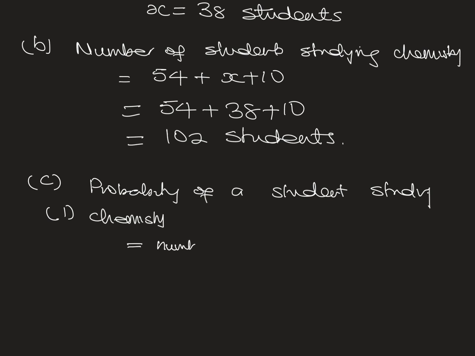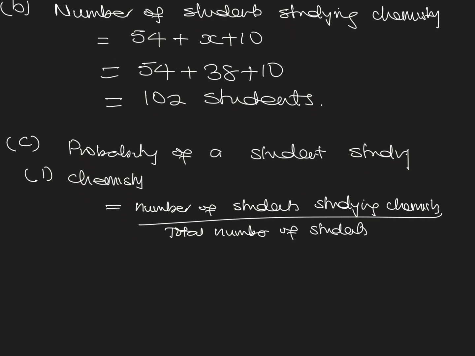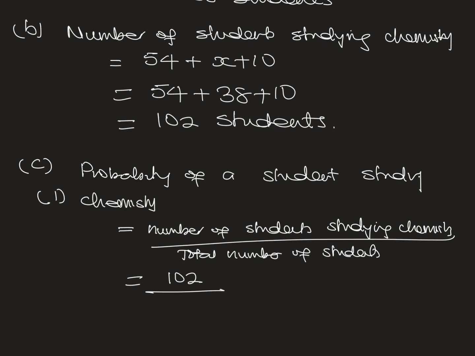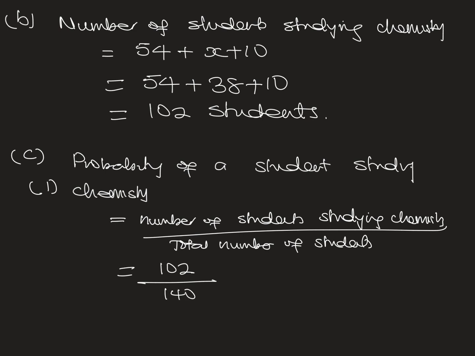Number of students studying chemistry divided by the total number of students. That is how you solve probability. So the number of students studying chemistry is 102 all over, what is the total number of students? In the question, the total number of students was 140. So if you simplify that, you'll have 51 out of 70.